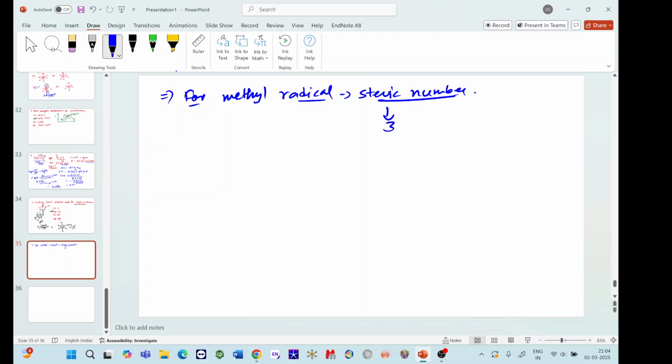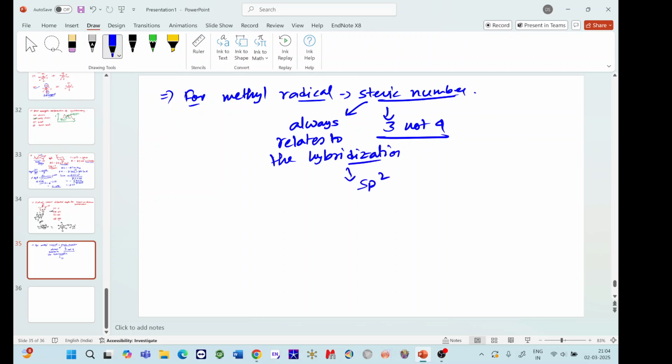So it will be 3, not 4, because steric number always relates to the hybridization. In this case, hybridization is sp2, not sp3. Why?